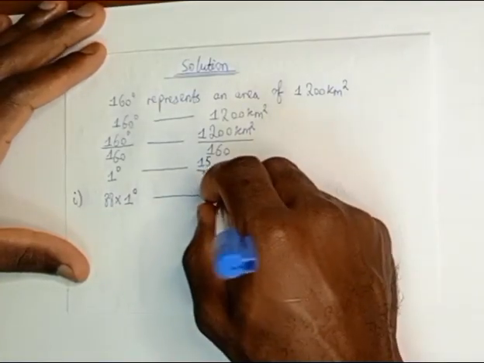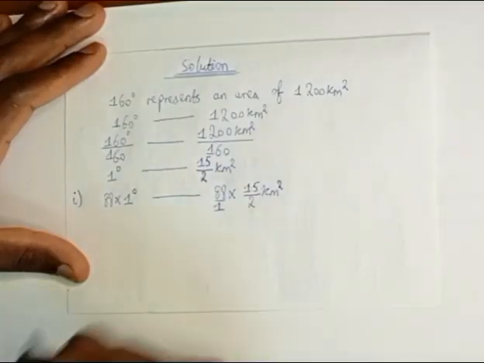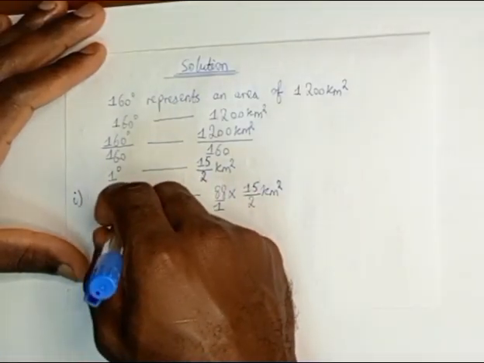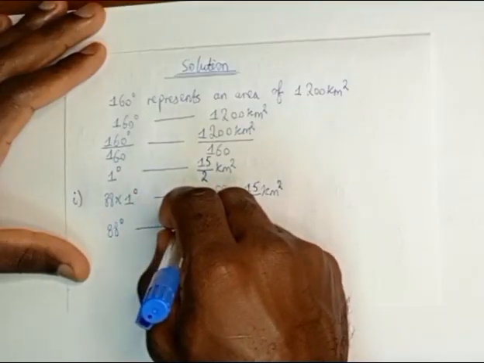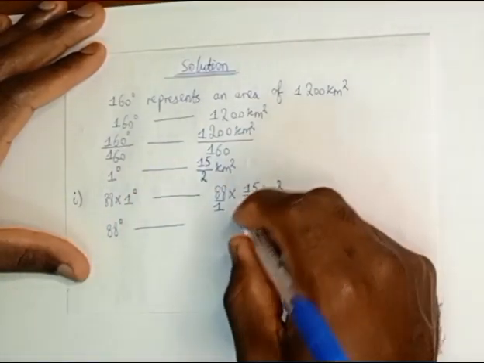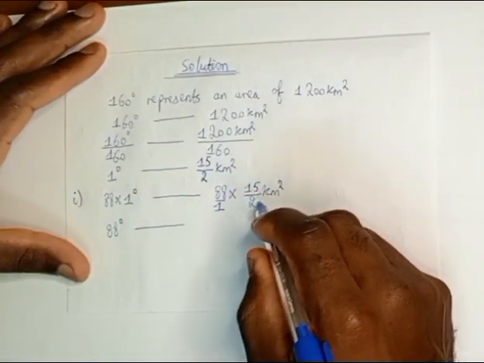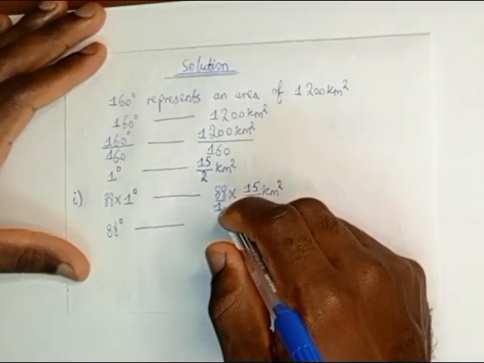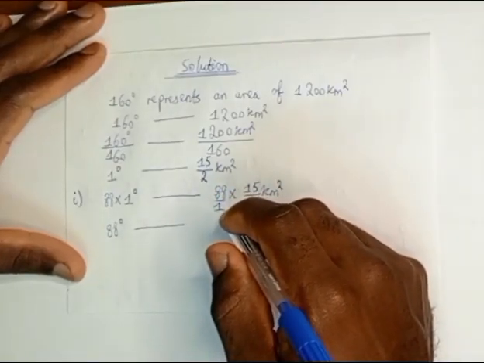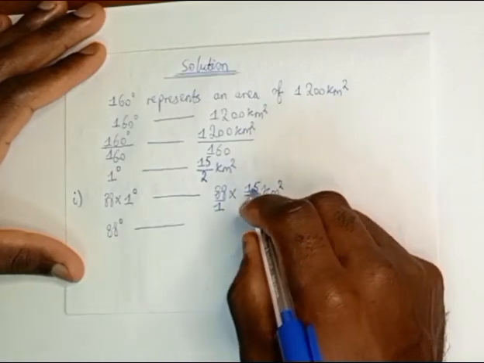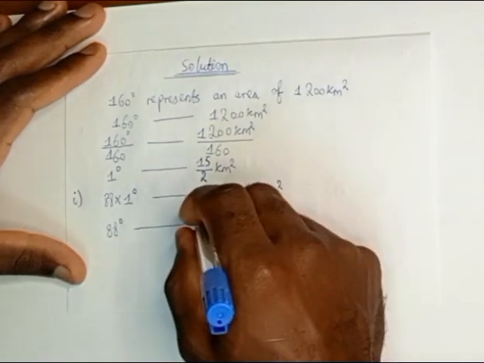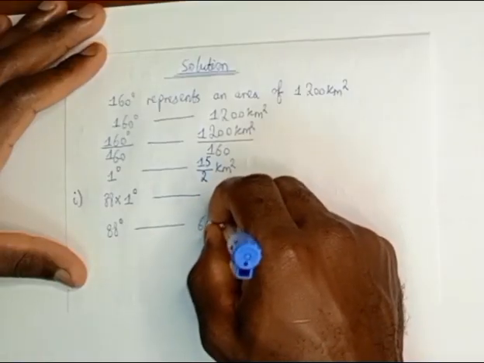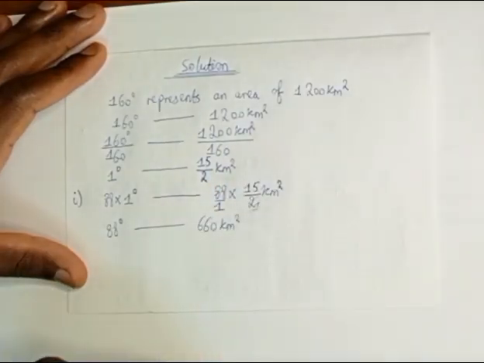88 can be expressed as 88 over 1. 88 times 1 degree gives us 88 degrees, which corresponds with, 2 will go into 88, 44 times 15. This gives us 660 kilometers squared.